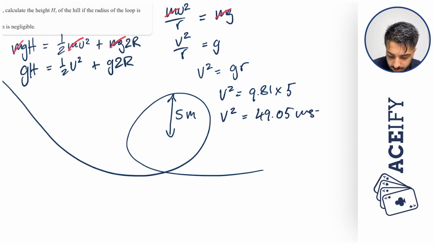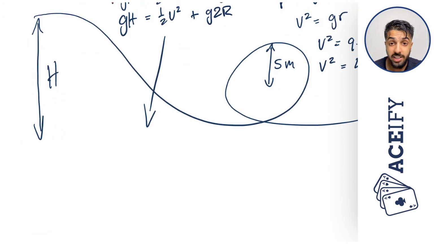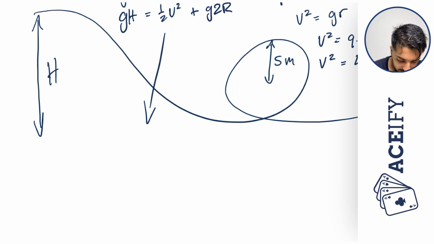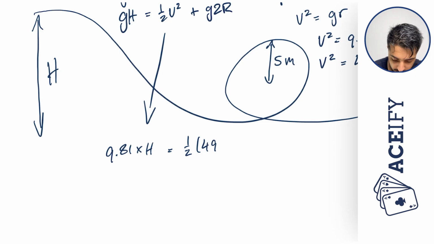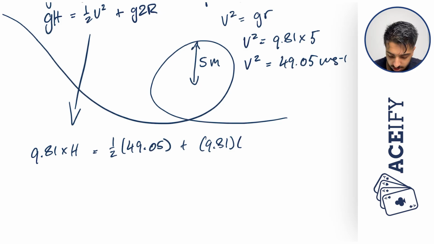49.05 meters per second. So now bringing this down here so we have more room for working, we can now plug in our numbers. So we know that 9.81 times h is equal to half v squared, which we know is 49.05, plus 9.81 times 2r, which is just 10.